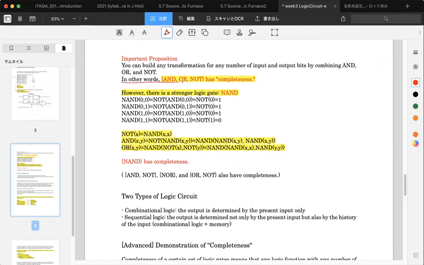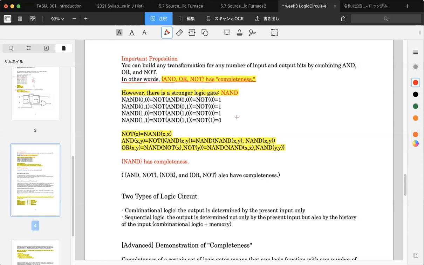In logic terms, this system of AND, OR, NOT functions has completeness. So it's a complete system for expressing very basic calculation. It's all you need. You don't need anything else. Yeah, exactly.